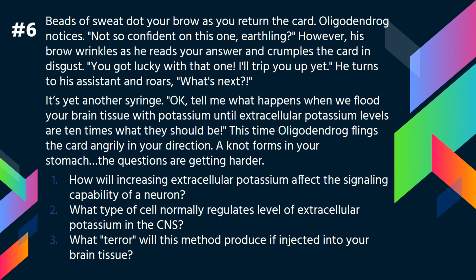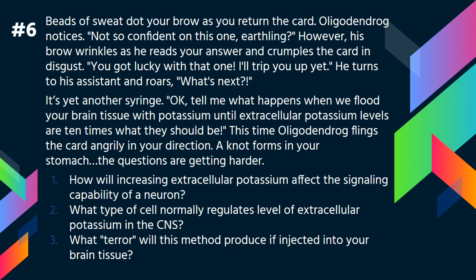It's yet another syringe. "Okay, tell me what happens when we flood your brain tissue with potassium until extracellular potassium levels are 10 times what they should be." This time, Oligodendrog flings the card angrily in your direction. A knot forms in your stomach. The questions are getting harder.